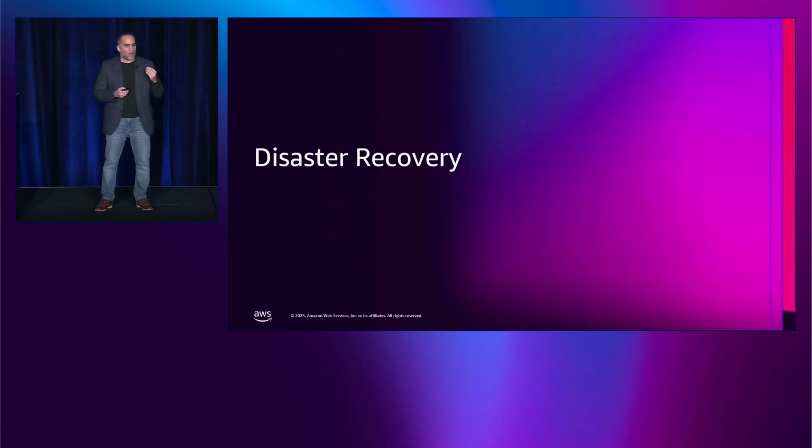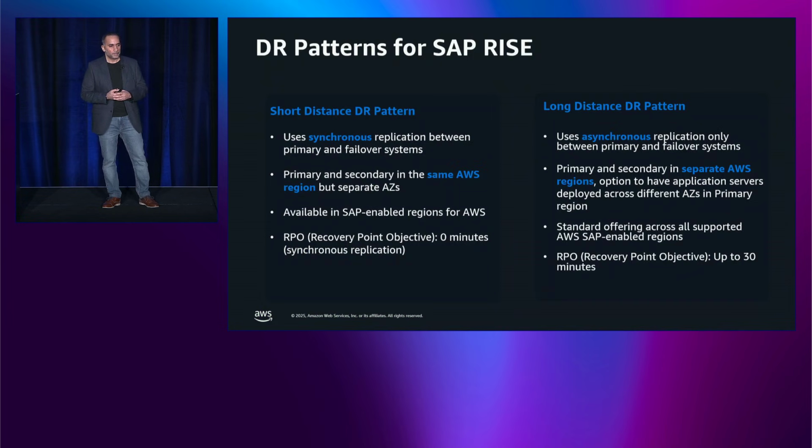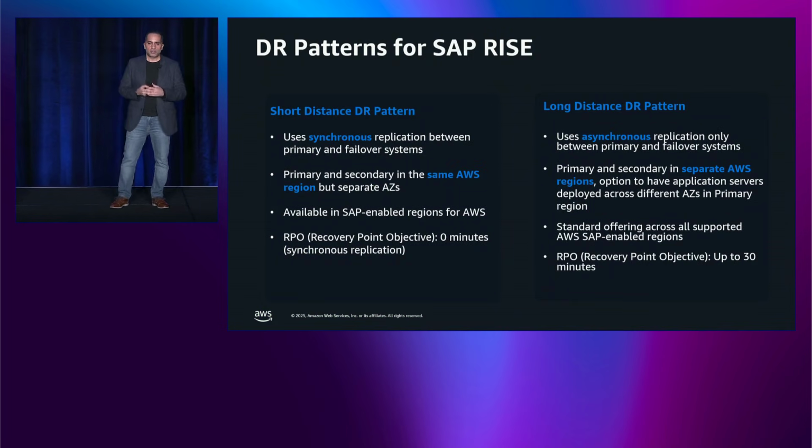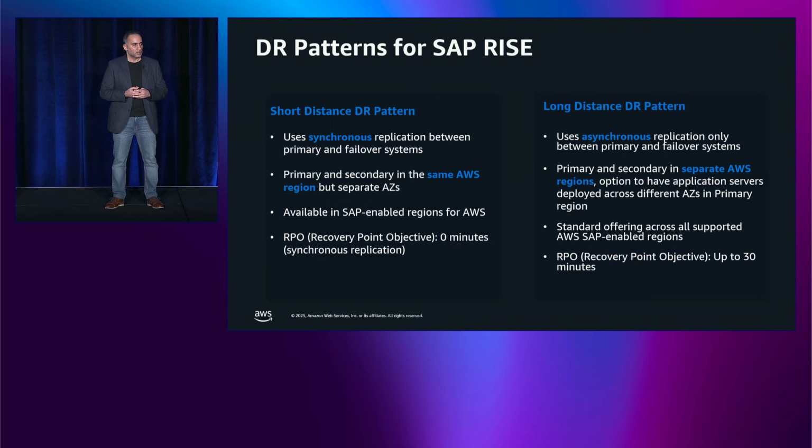Now, we know that backups are essential, but they are just one part of a comprehensive disaster recovery strategy. Let's take a look at disaster recovery patterns for SAP Rise environment on AWS. SAP Rise on AWS supports two disaster recovery patterns.